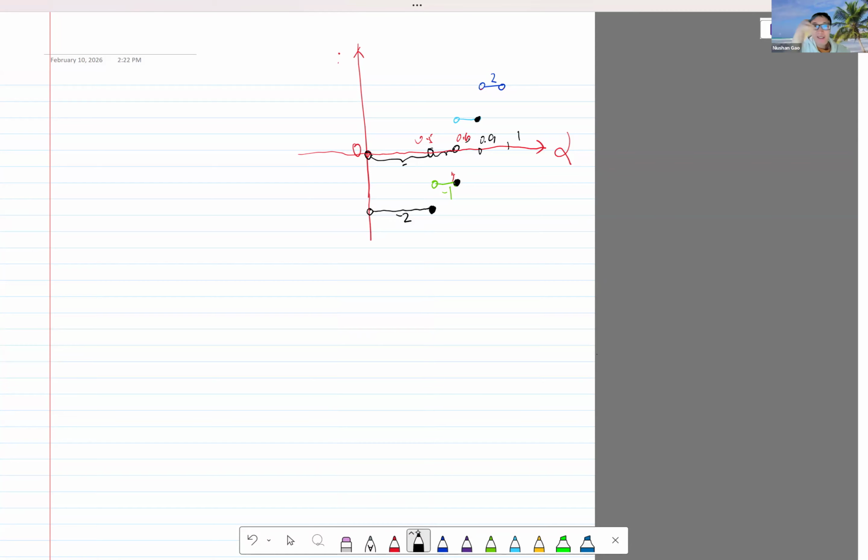So if we really think about what we have done, we are looking at the largest tails. Right? We are looking at the largest tails.